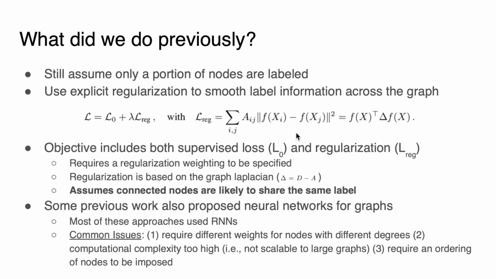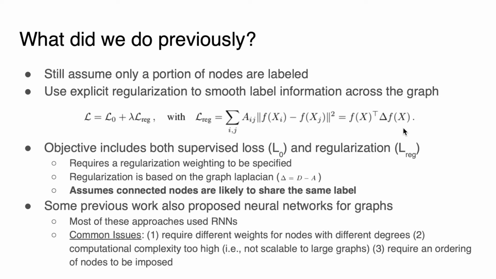And this regularization loss basically takes the output of our model and multiplies it by the Laplacian matrix, seen here. And what this does is it basically punishes the model, or increases the loss, when adjacent nodes have labels that are different from each other.